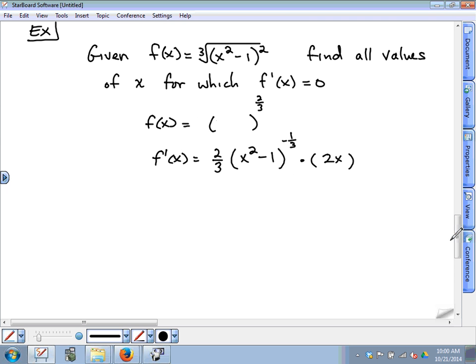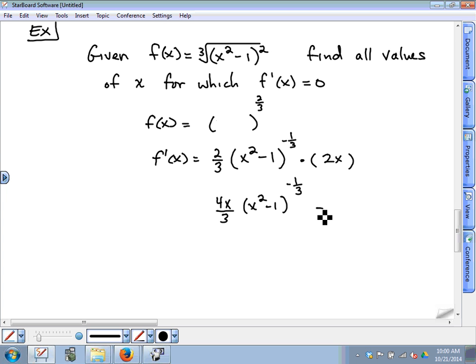Now this simplifying is a little bit more involved. 2x times 2/3 is 4x over 3 times x squared minus 1 to the negative 1/3. Flip it. And you cannot leave negative exponents. So what happens with that?